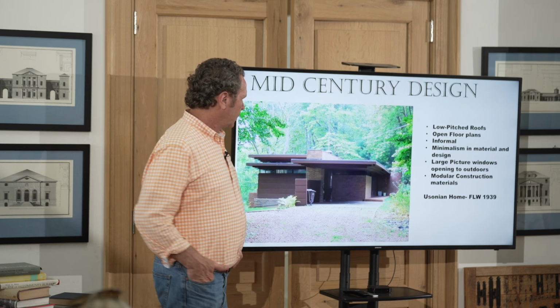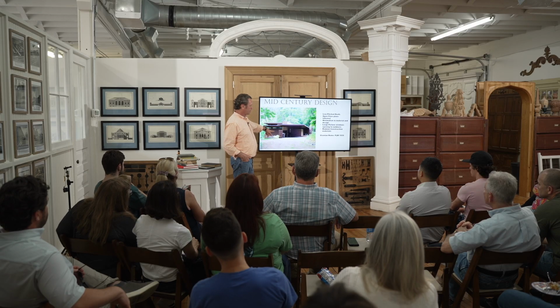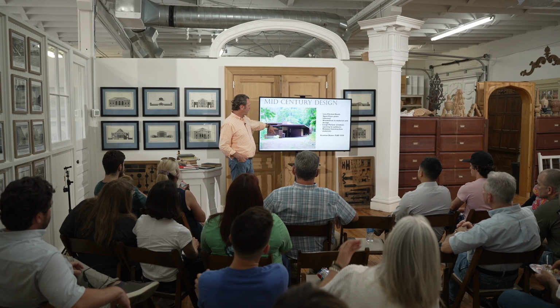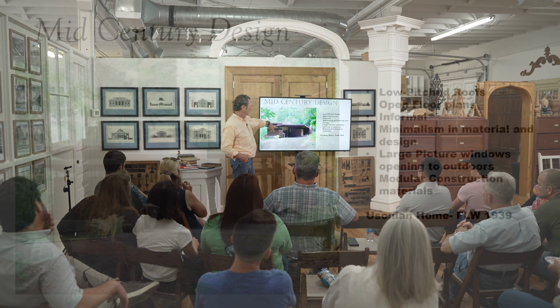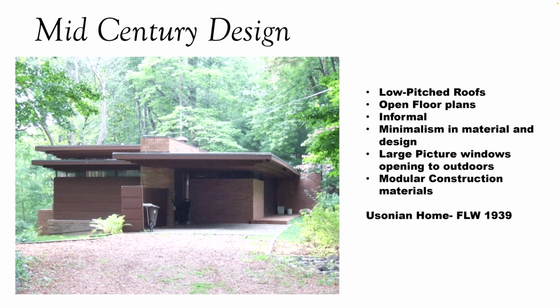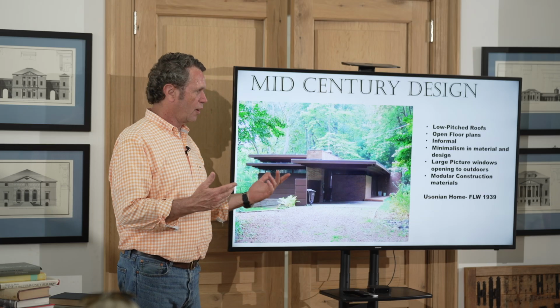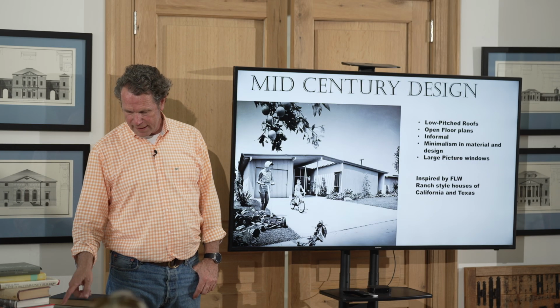Now, anybody recognize this house? This is a Usonian house. Frank Lloyd Wright, 1939. Notice low pitch roof, open floor plan, informal, minimalism, large picture windows, modular construction. You talk about what influenced that.